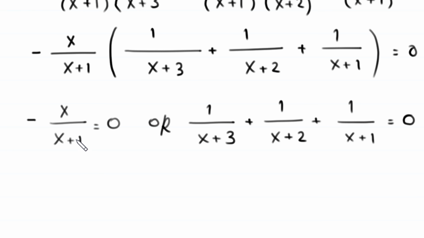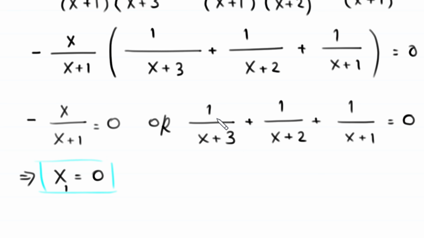From the first equation, if we multiply both sides by (x + 1), this implies that x is equal to 0. This is the first solution of this equation. To find other solutions, we solve the second equation.